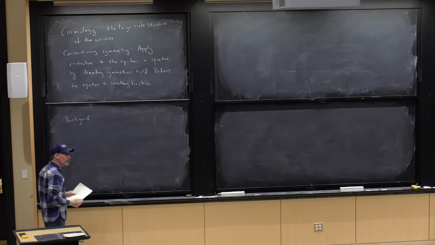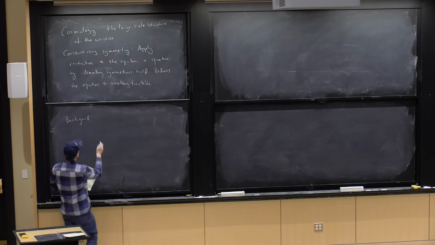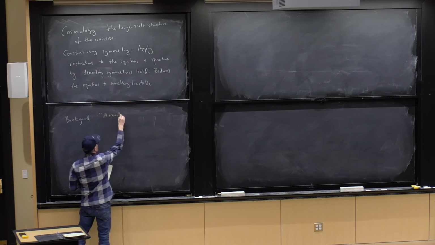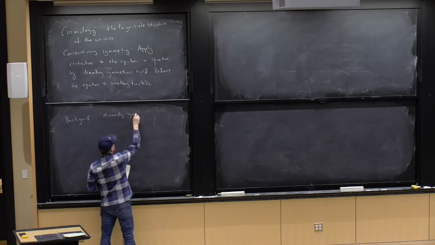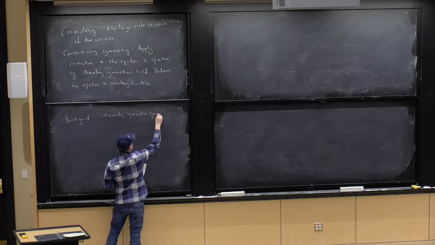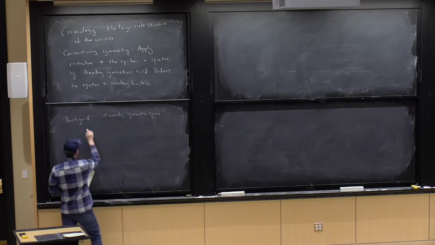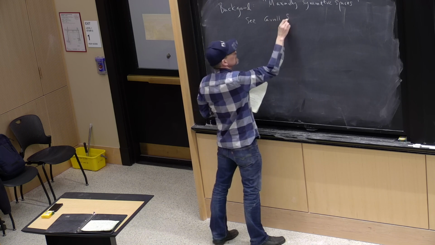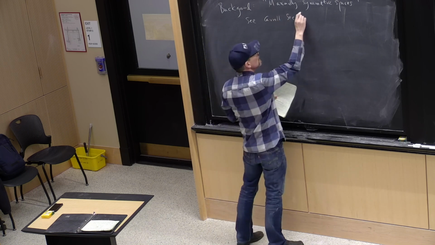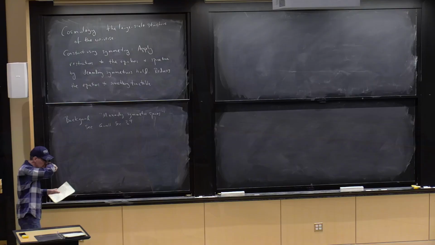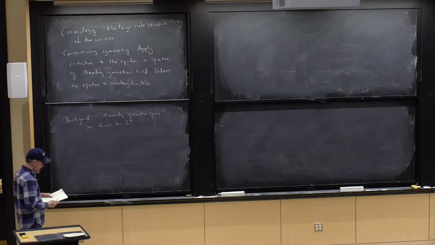Part of what we're going to consider as we move into this is a notion of what are called maximally symmetric spaces. I urge you to read section 3.9 of Carroll for extensive discussion of this.